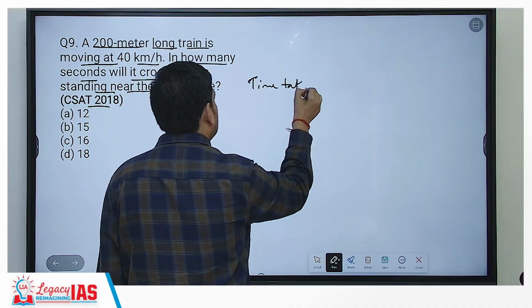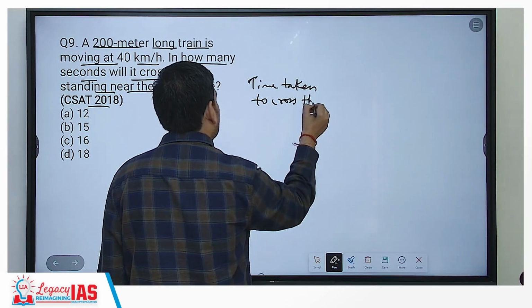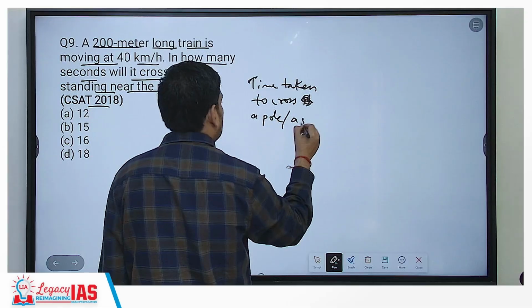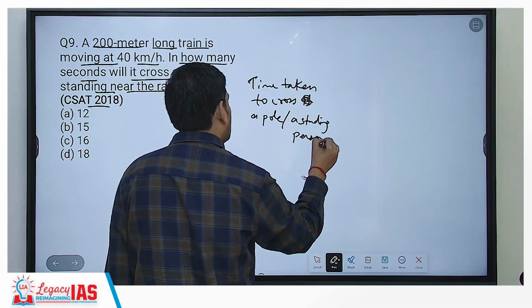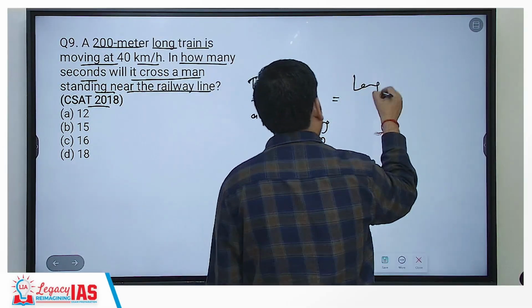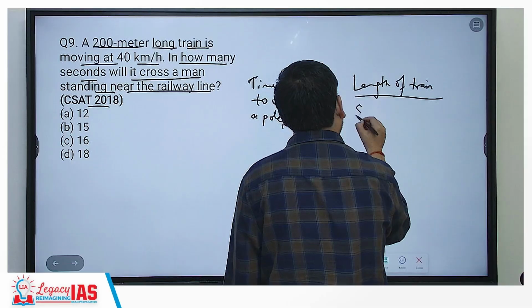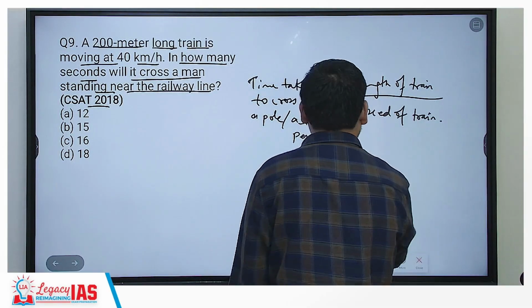Just here, time taken to cross a pole or a standing person, a person that is standing is just like a pole, is equal to length of train divided by speed of train. Simple, same thing.